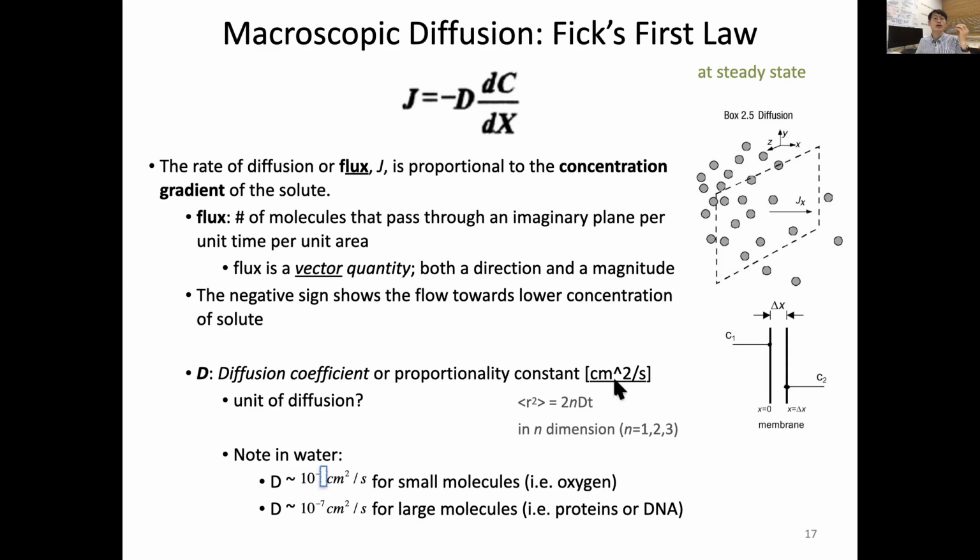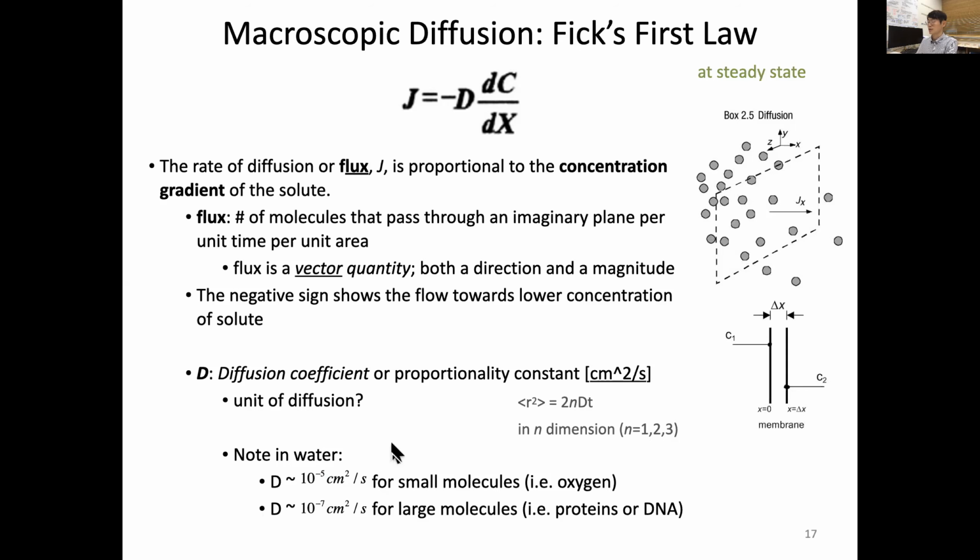It's good to know the typical diffusion constant in water for very small molecules like oxygen, usually 10 to the minus 5 centimeter squared per second. If the particles are bigger, such as proteins or DNA, larger molecules have a much harder time diffusing, so it is 10 to the minus 7 centimeters squared per second.